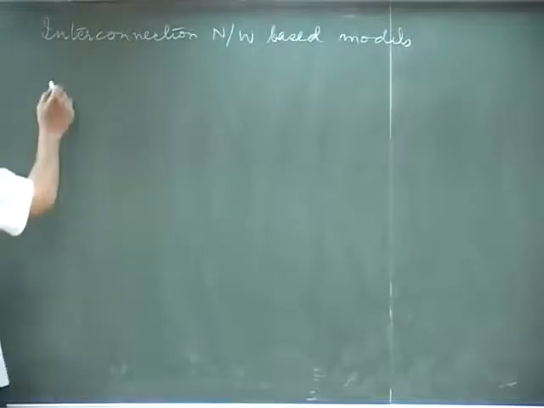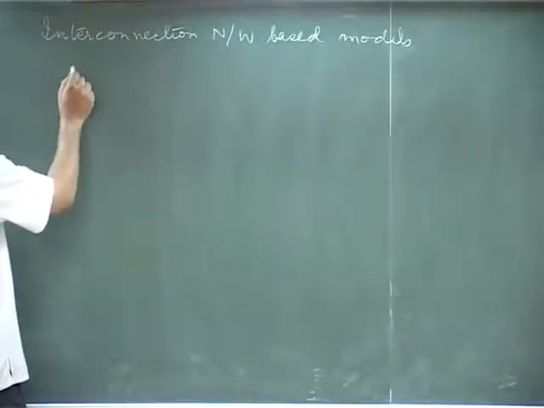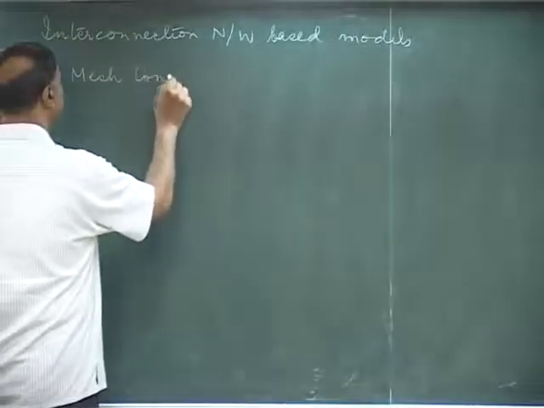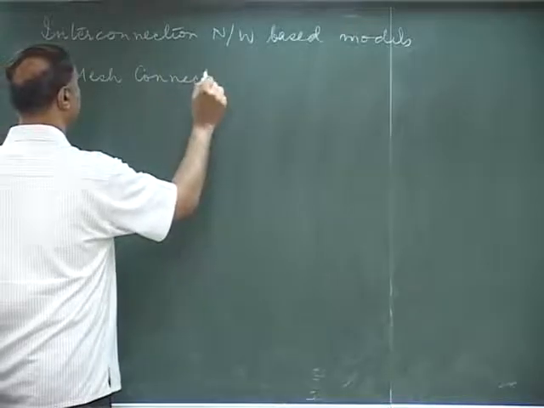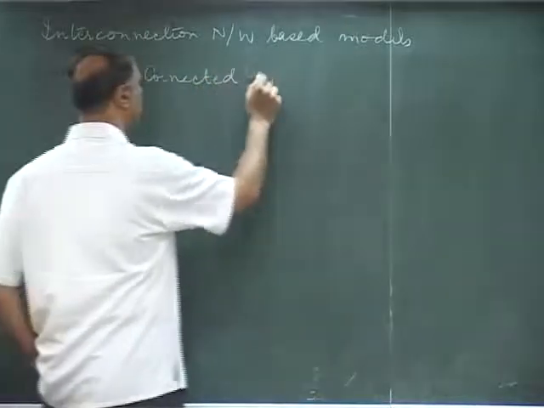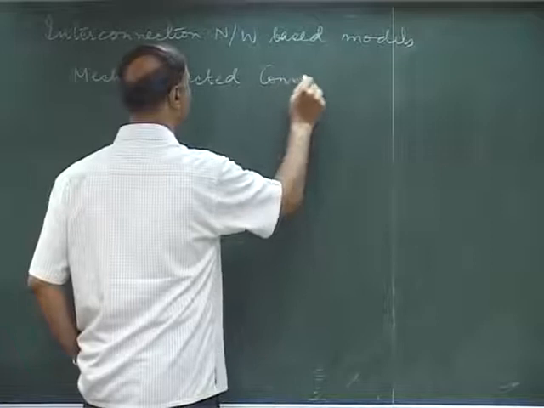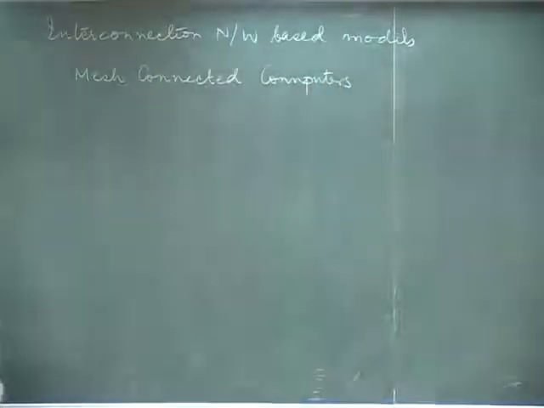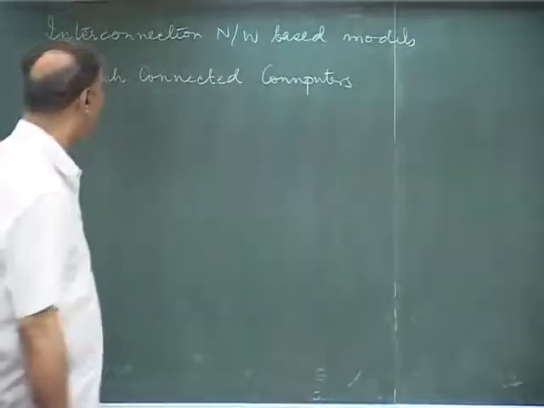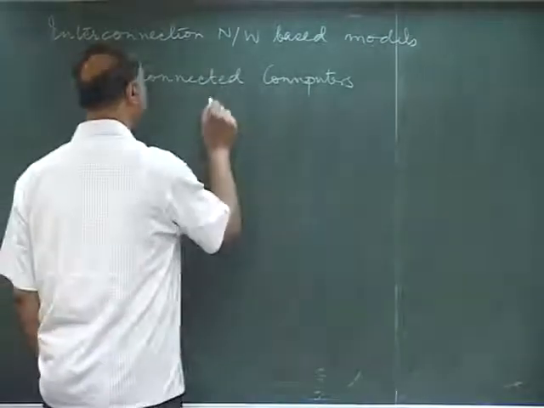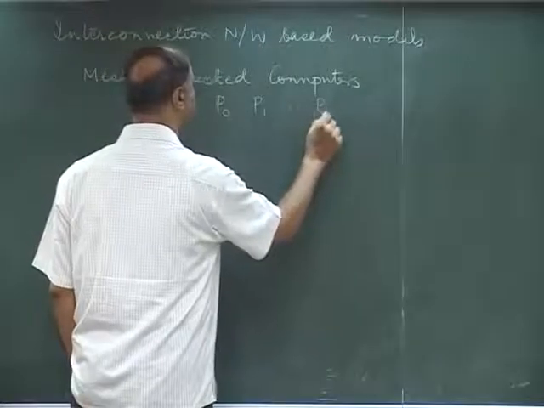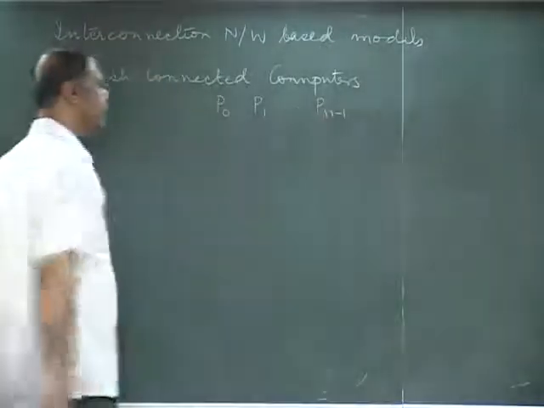The first model is known as mesh connected computers. Suppose you have N processors, P0, P1, up to Pn minus 1. These are the N processors you have.